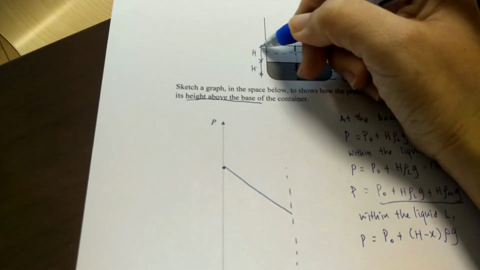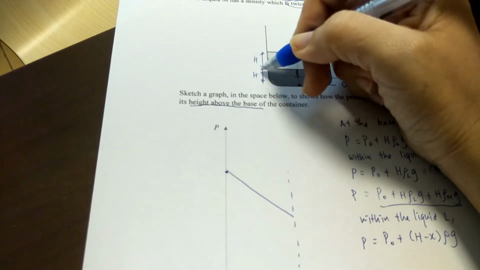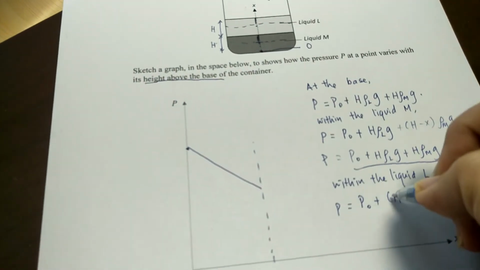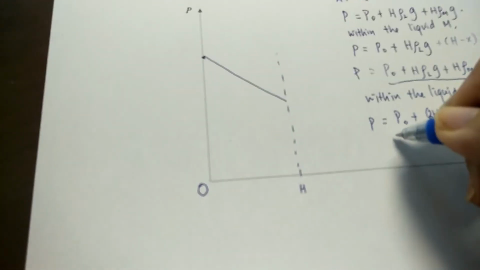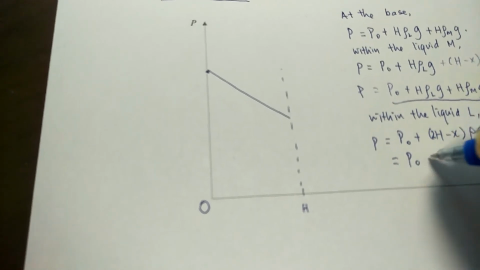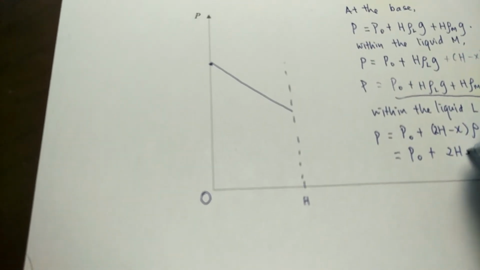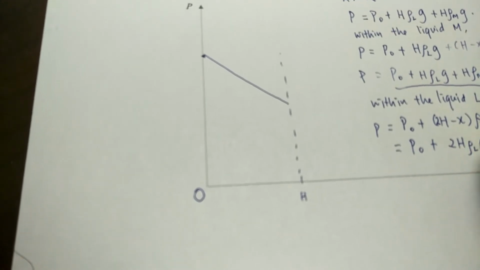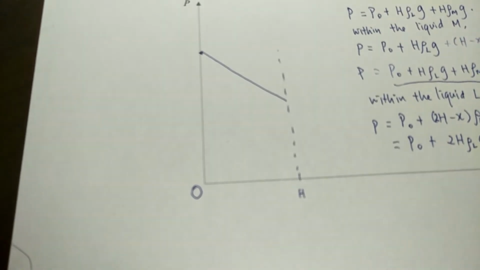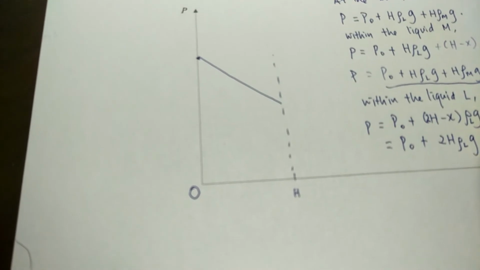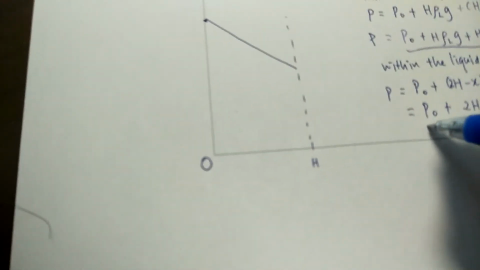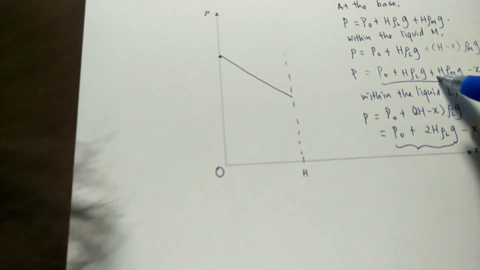Oh, sorry, it should be 2h because of the liquid M below. So if I simplify this expression, I'll have P0 plus 2h rho L g minus x rho L g.